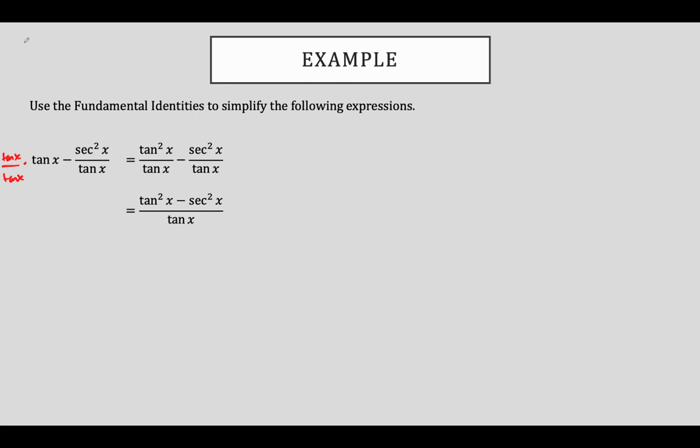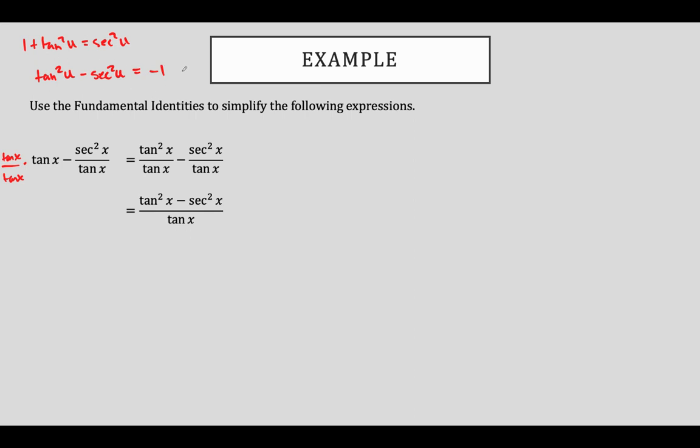Think again of our Pythagorean identities. 1 plus tangent squared u is equal to secant squared u. Well, we want it to say tangent squared minus secant squared. That means I need to subtract secant squared from both sides and subtract 1 from both sides. Tangent squared u minus secant squared u is equal to negative 1.